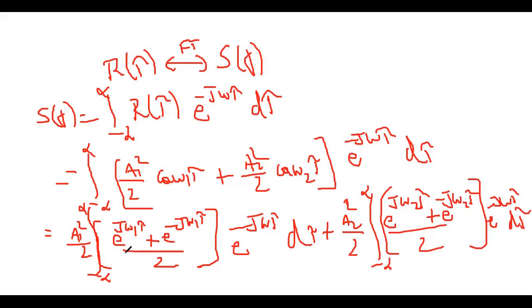In the first integral, see the e power j omega 1 tau and e power minus j omega tau. Both have the same base, so you can add the powers.